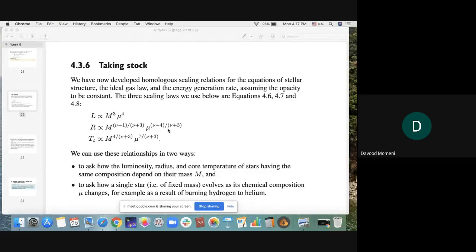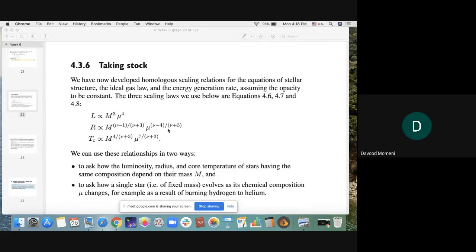and the temperature at the core of the star is also given as an expression with the power of m and power of mu. As I mentioned, we can use this equation for two reasons.